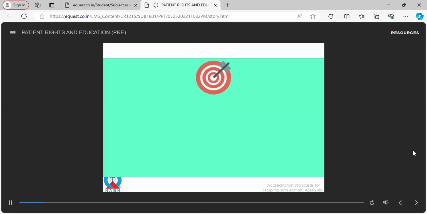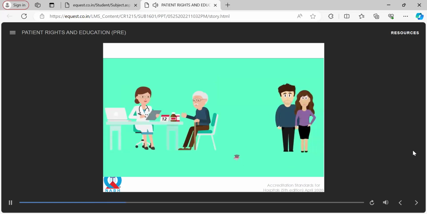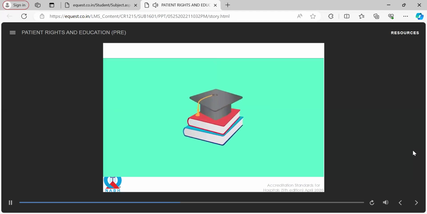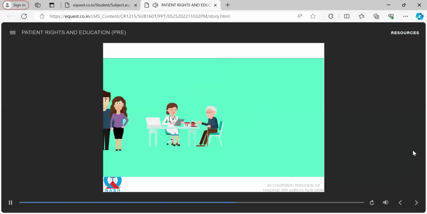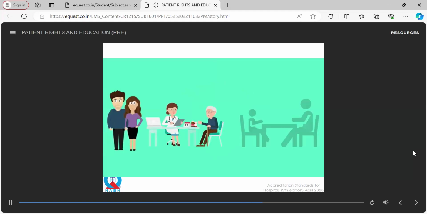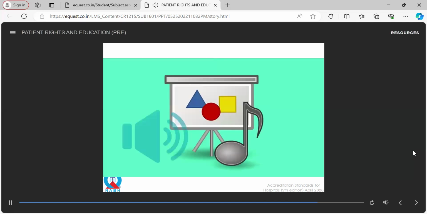The next objective element is the mature achievement for an organization that the patients' and/or family members' special educational needs are identified and addressed. Patients and/or family members are educated through counseling, use of printed material, audio-visual aids, etc.